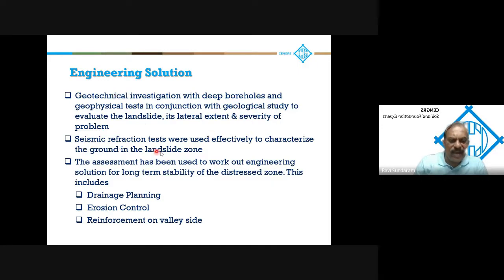So seismic refraction tests were used to effectively characterize the ground in the landslide zone. The assessment has been used to work out engineering solutions for long-term stability of the distress zone. This includes drainage planning, erosion control, and reinforcement on the valley side.